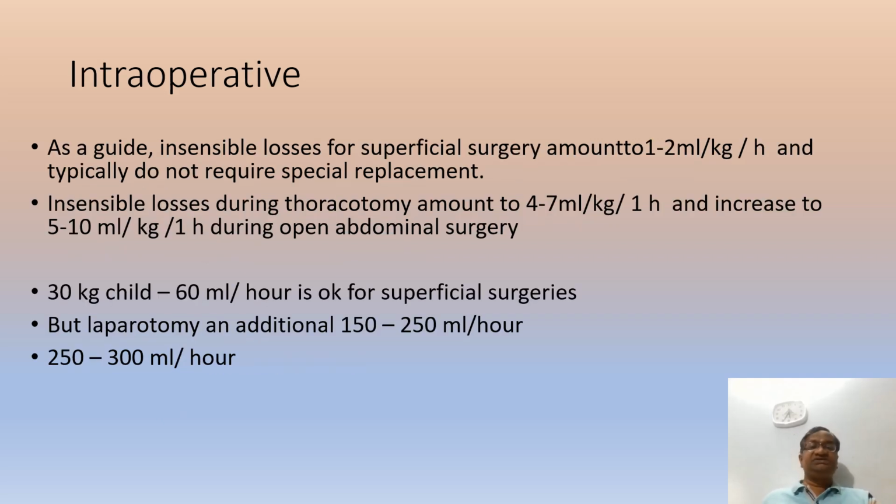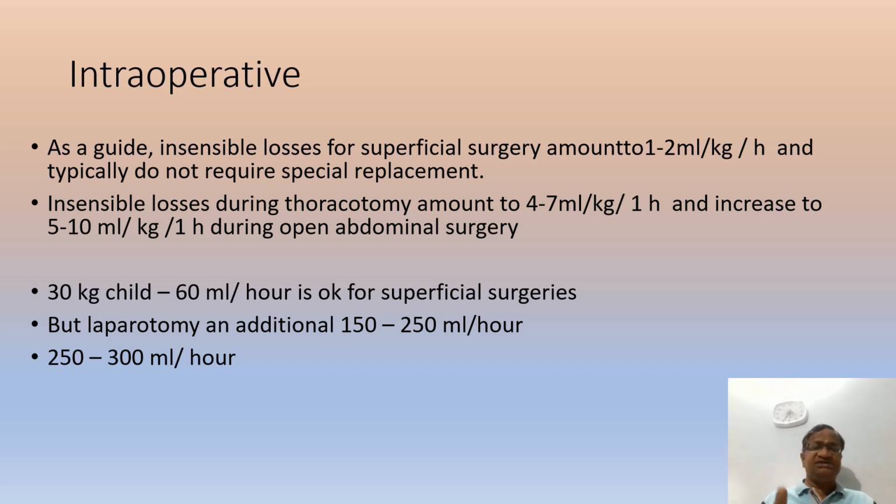As a guide, insensible loss for superficial surgery amounts to 1 to 2 ml per kg per hour and does not require special replacement. But if you do a thoracotomy or a laparotomy, you may need to give 5 ml per kg per hour, or it may go up to 10 ml per kg per hour for a big laparotomy.